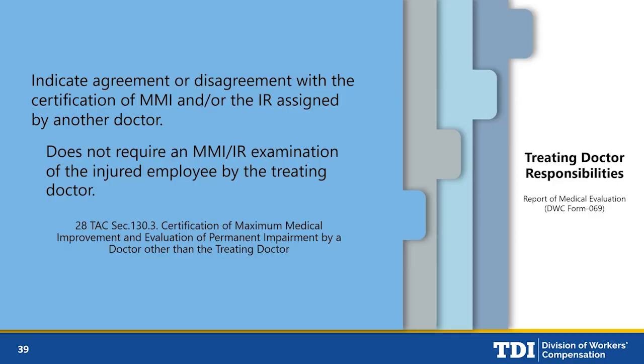But anyone else that does these exams, they're required to send that 69 form, any reports to the treating doctor. The treating doctor is not obligated to conduct a separate examination of the injured employee to confirm MMI or the impairment rating. So instead, they should use what they know and what they understand about that injured employee's condition to make an informed decision of whether or not they agree with it.